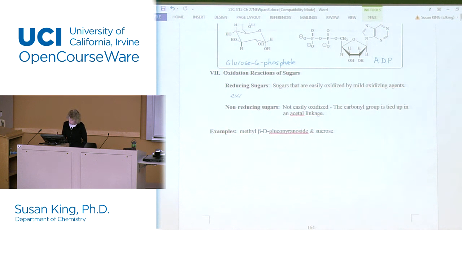Examples are glucose and fructose. Non-reducing sugars, of course, are not easily oxidized by mild oxidizing agents, and the reason is that the carbonyl group is tied up in an acetal linkage, so they're glycosides.